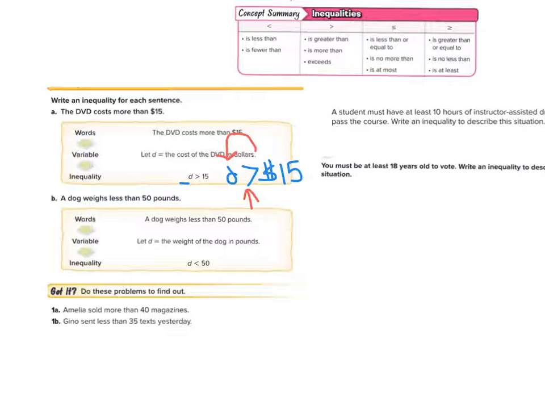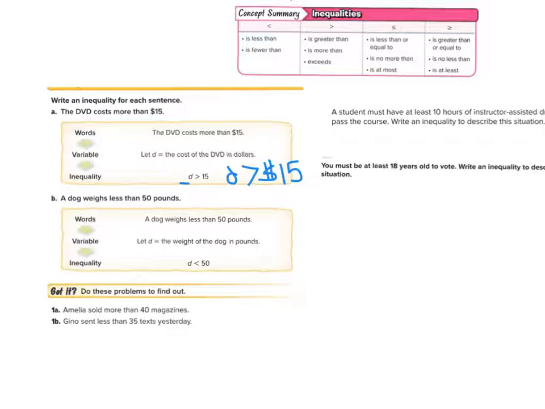And the alligator mouth is always going to be open towards the side that has more, or is bigger, or is greater than. So again, we read this as the DVD is greater than $15, or the DVD costs more than $15.